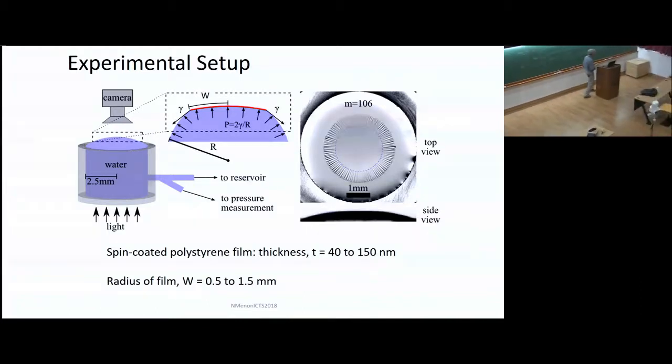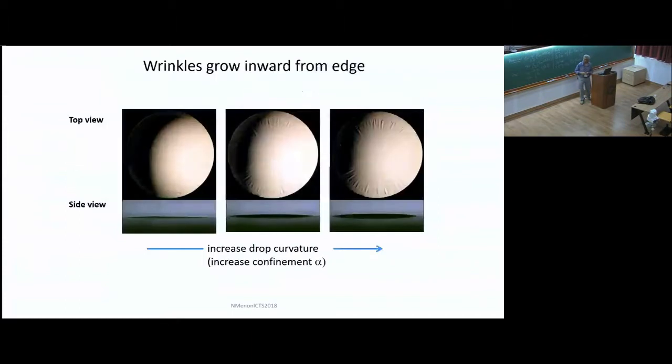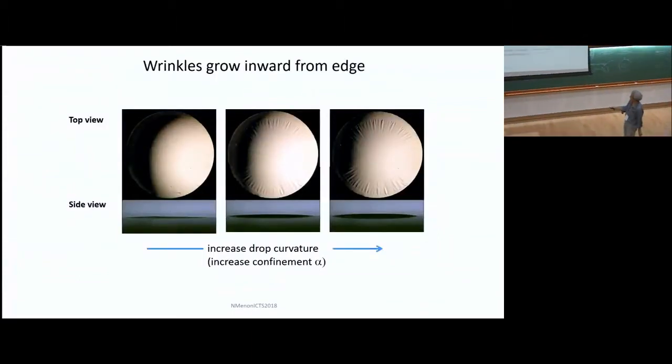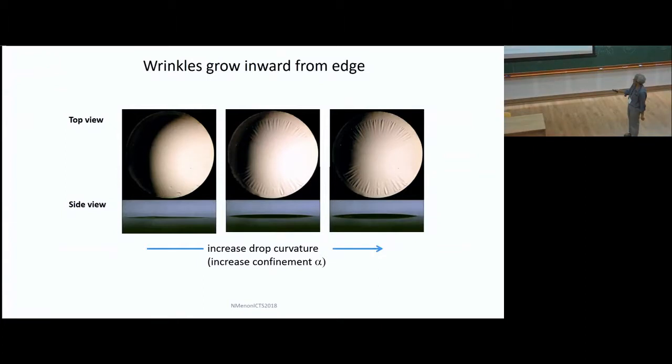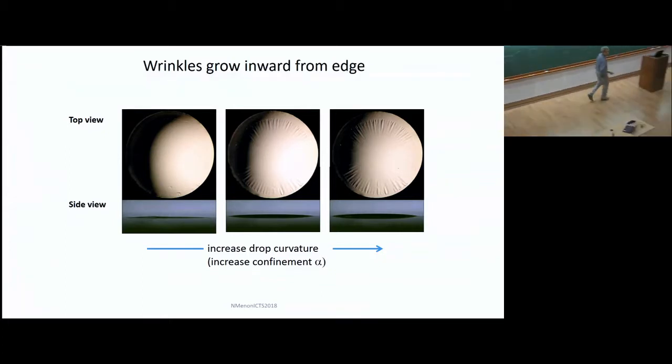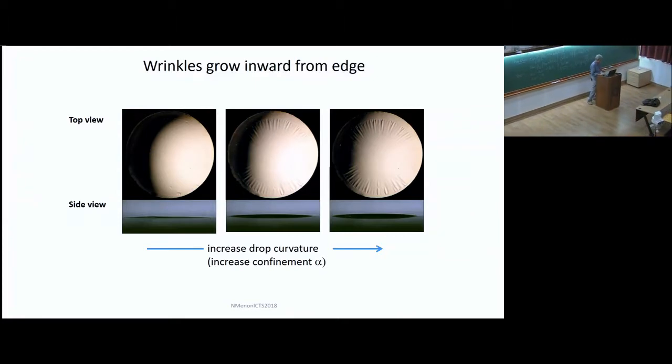So this is a top view, that's a side view, okay? If you make a bubble, if you make it sit on a big sphere, it's flat and smooth. You curve the sphere a little bit more, you start seeing wrinkles. You curve the sphere even more, the wrinkles start invading further and further, okay? Yeah? So the length is a function of that confinement parameter.